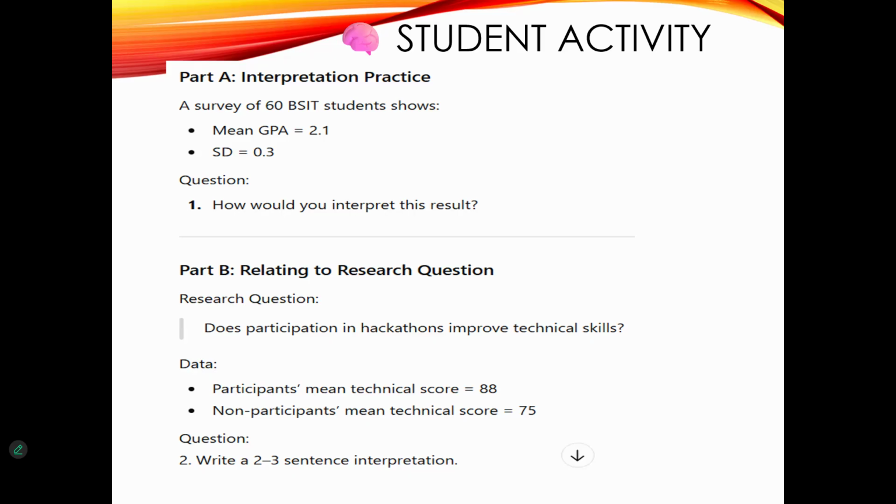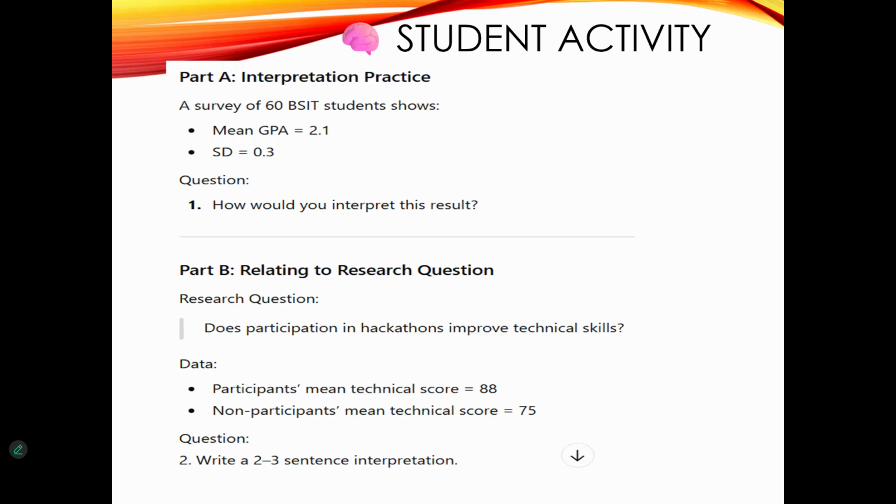In college, we have 1 as the highest grade, and 3 as passing, 75%, and 5 as failed, 4 conditional. So the GPA of the 60 students is 2.1. So the standard deviation is 0.3. So how will you interpret this result? The standard deviation is low. So meaning the scores are near the mean.